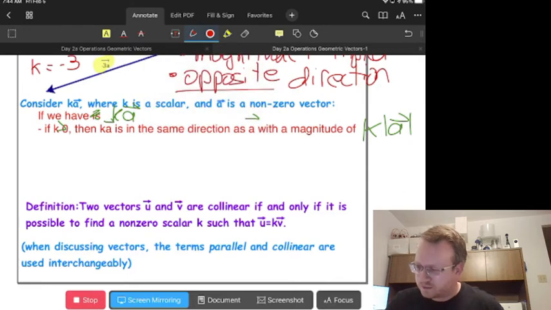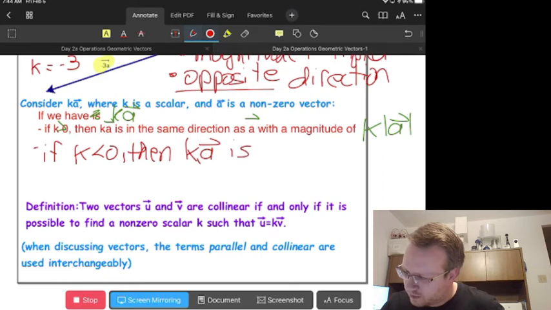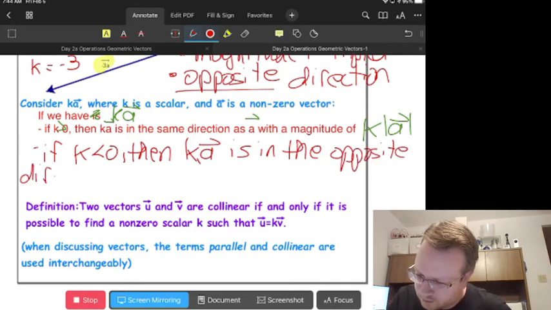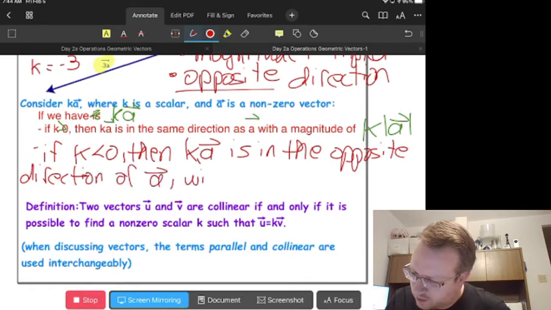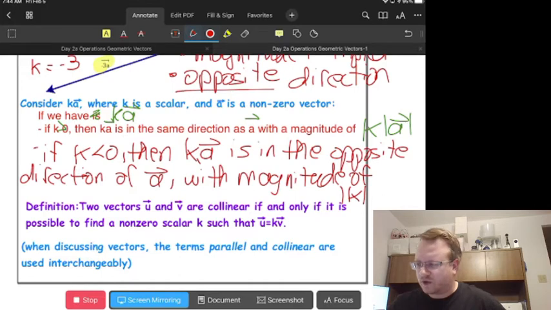What is our other situation? If k is less than 0, then Ka is in the opposite direction of a with a magnitude of, we don't care if a is positive or k is positive or negative, so we use absolute value.